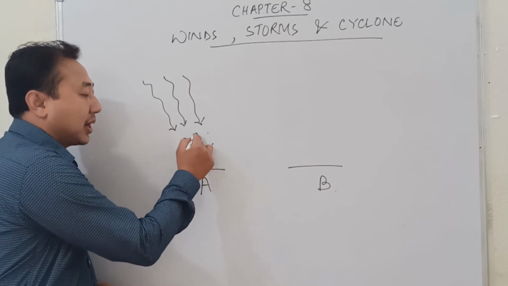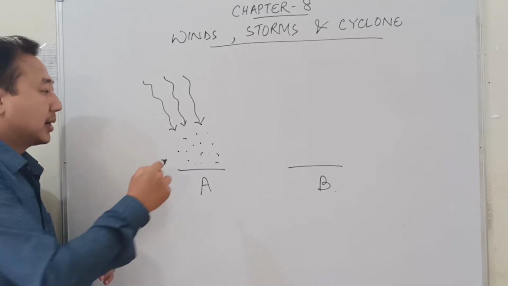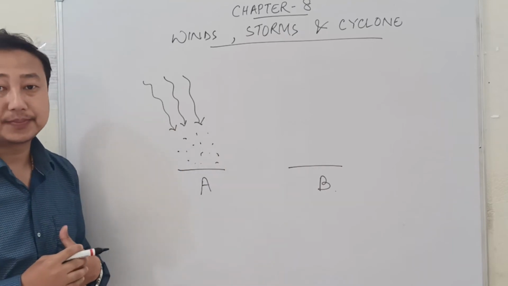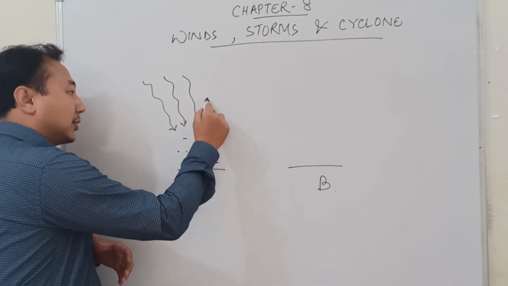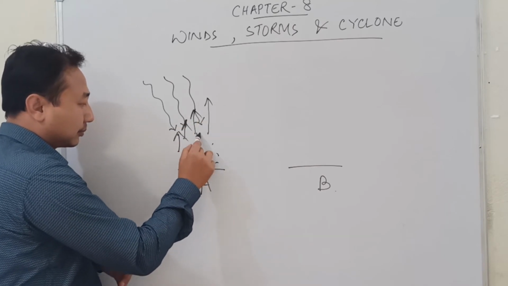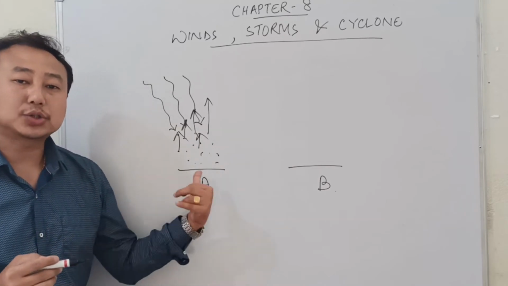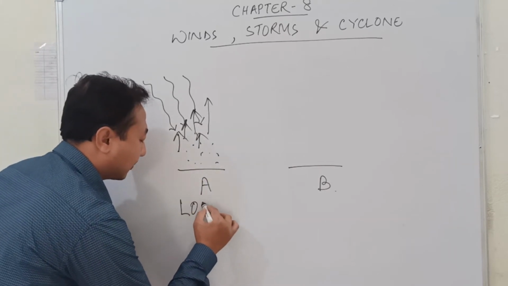After receiving the heat energy from the sunlight, these air particles expand and become lighter. When they become light, they move upward. When the air particles move up, a low pressure is created.